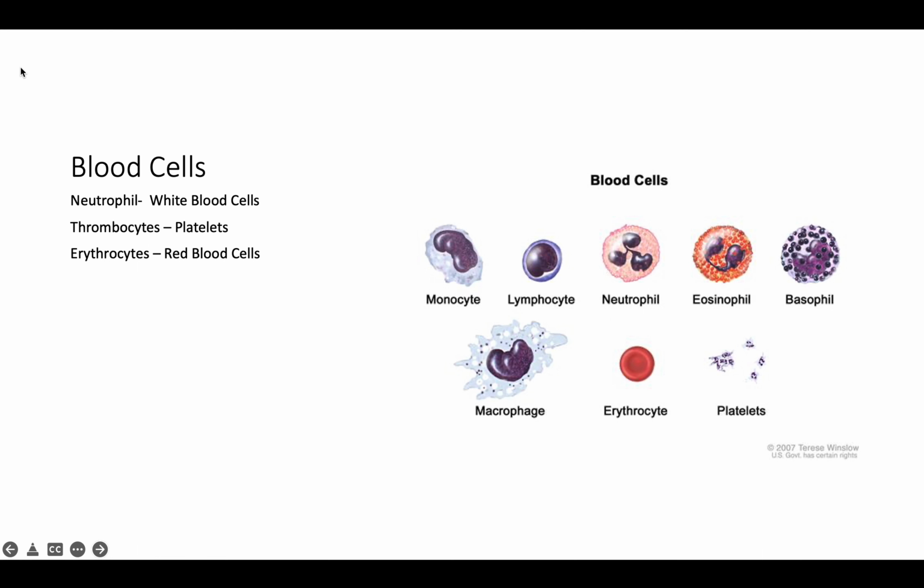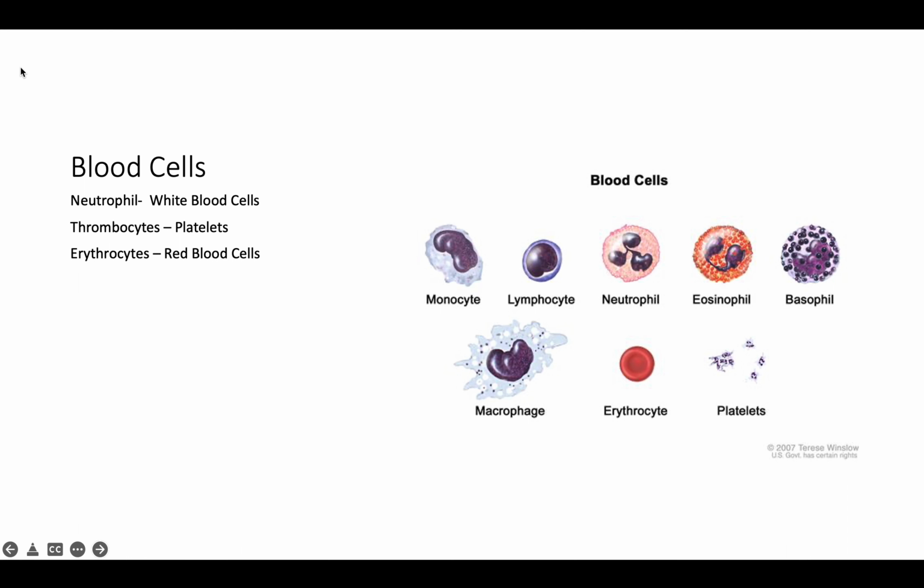So as we look at the different portions of blood in the component called formed cells, we're going to focus on 3 of the formed cells today for our discussion. So the first thing that we're going to look at are neutrophils. Neutrophils are also known as white blood cells, and their primary job is to combat infection.